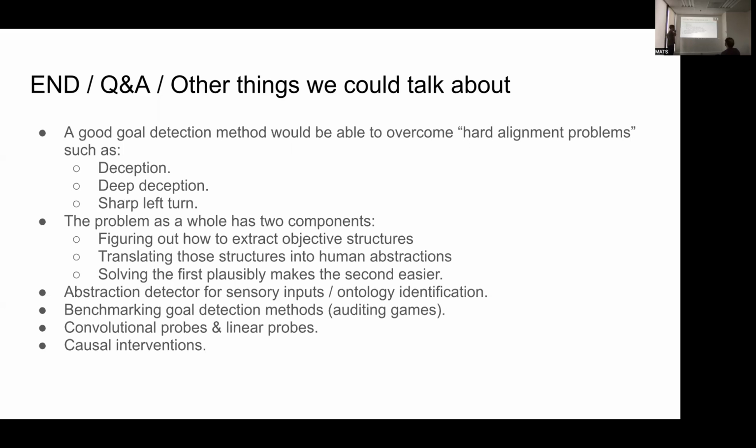We can then talk about problems about ontology identification and the need for an abstraction detector for sensory inputs. This is the kind of thing that John Wentworth is working on, which I think is interesting. We can talk about benchmarking goal detection methods via auditing games. We can go into the probing stuff in more detail, and then maybe talk about causal interventions. Cool. Okay, that's it. Thank you.